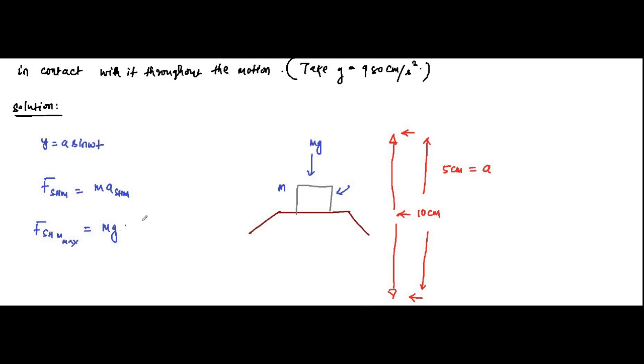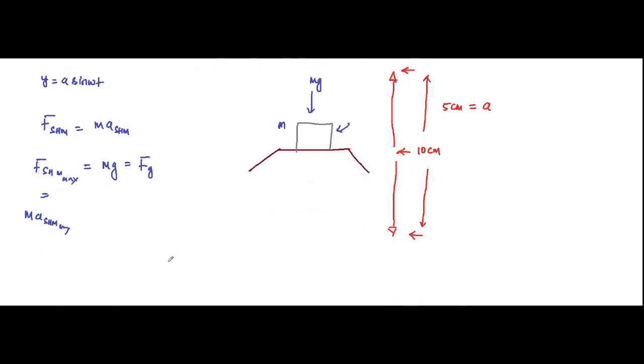So this is the force of gravity, and the maximum value of the force of simple harmonic motion will be equal to the mass of the object into the maximum value of acceleration. We know that the maximum value of acceleration in simple harmonic motion is equal to omega square into a, where a is the amplitude and omega is the angular frequency.